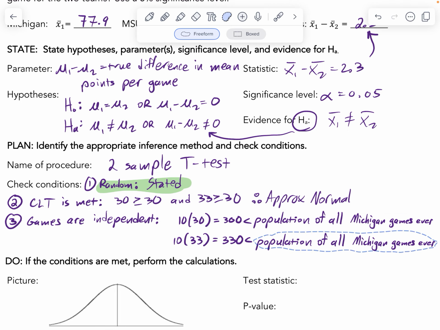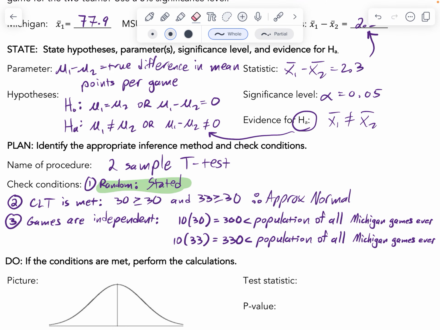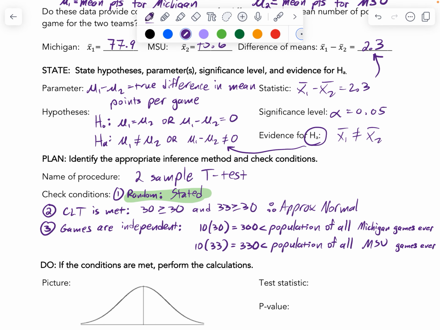I've taught this lesson a couple times, and kids say, well, wait a minute, it's a different team next year, and it was a different team last year. You could argue that, but I think we're going to try to say more globally, Michigan all time, or at least, maybe the last 10 years, they've played more than 300 games in the last 10 years, probably. I think they play 35 games a year, maybe 40 games a year. Depends on how far they go in the tournament, I guess. But you can maybe put a question mark by this, but at least I've addressed it.